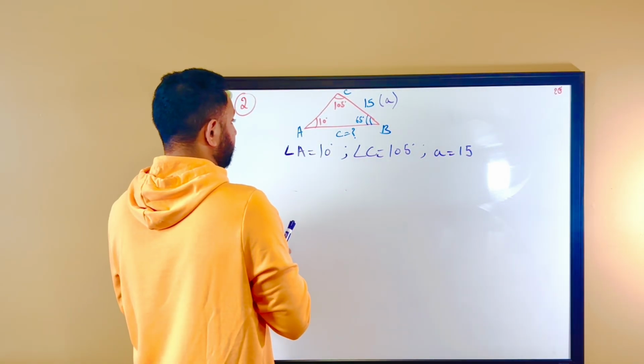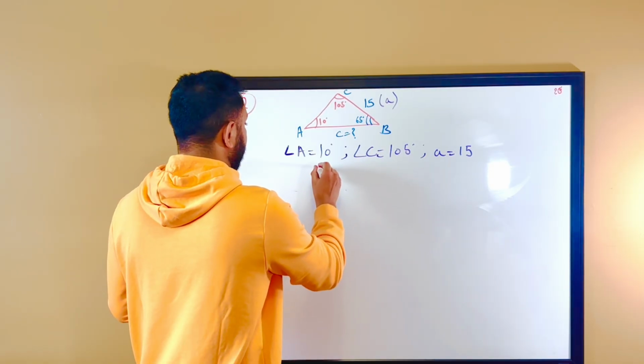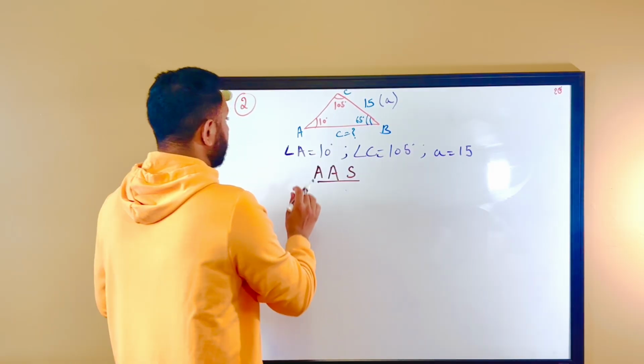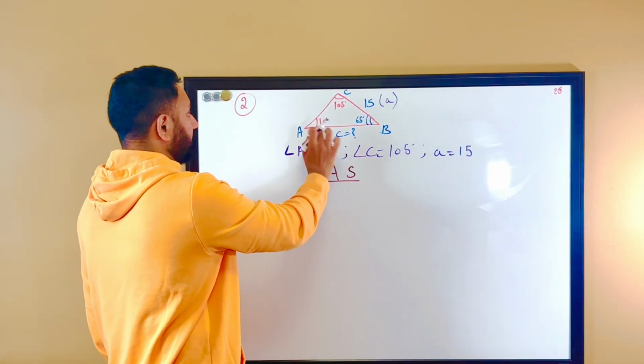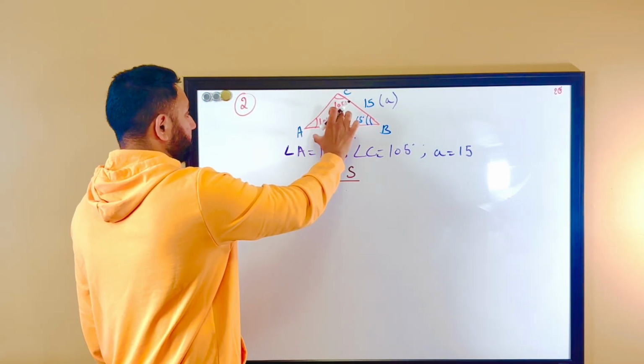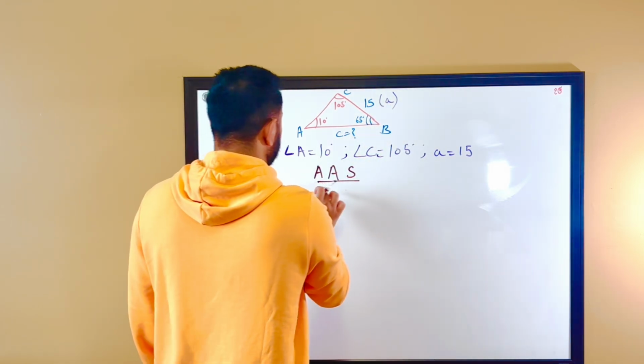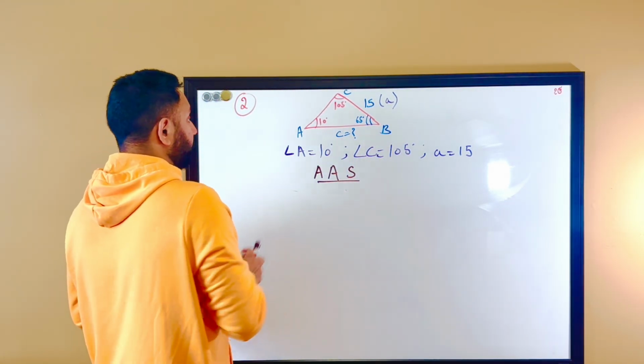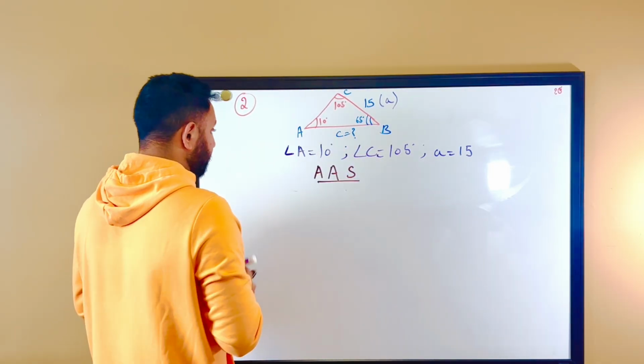So this is the angle-angle-side case, because we are given two angles and one side. So we need to find length c.